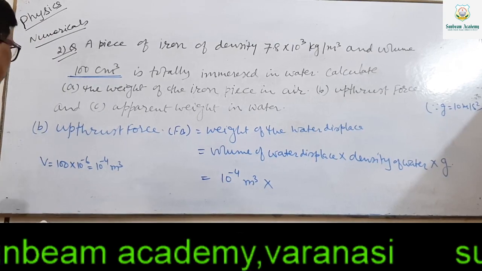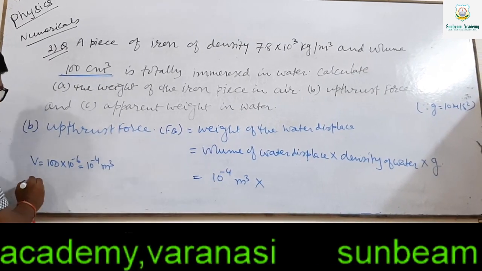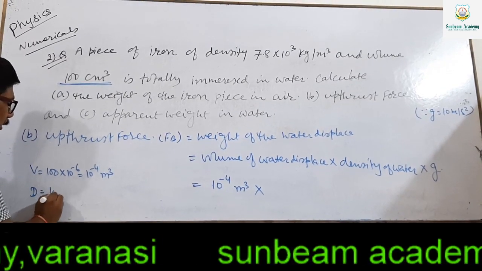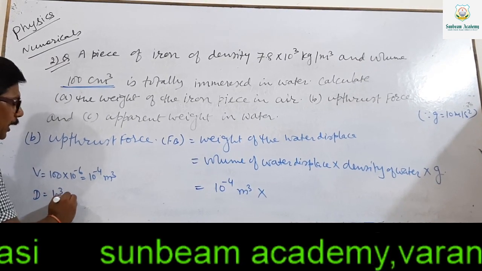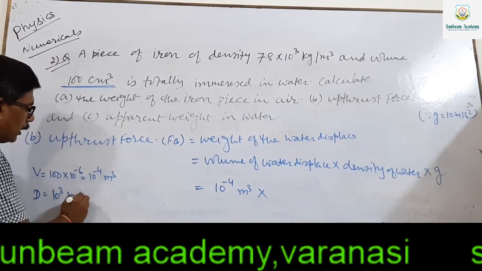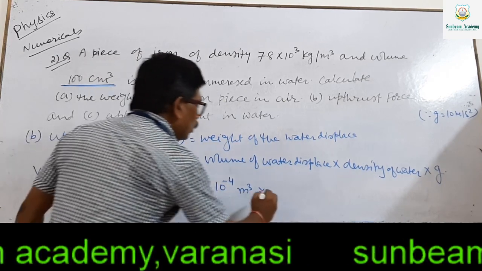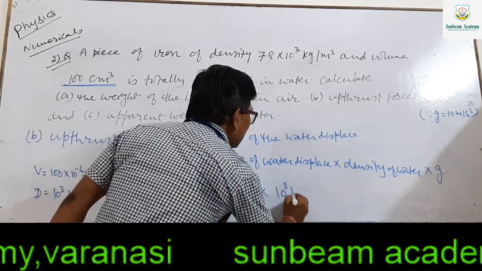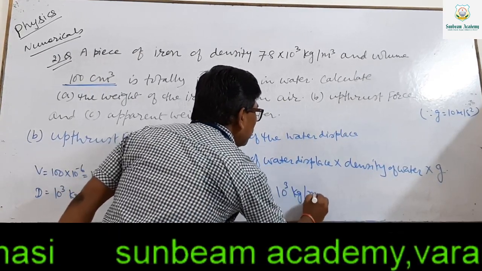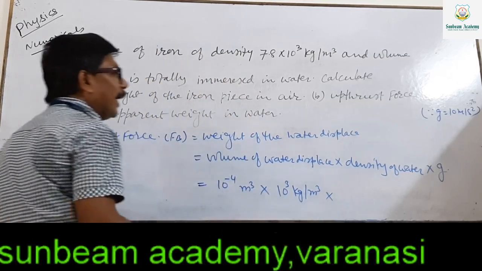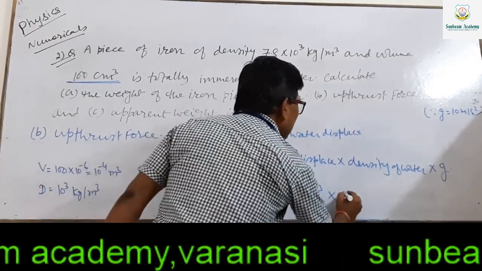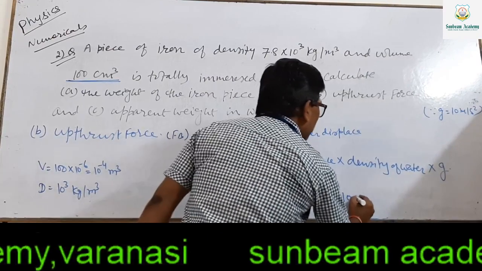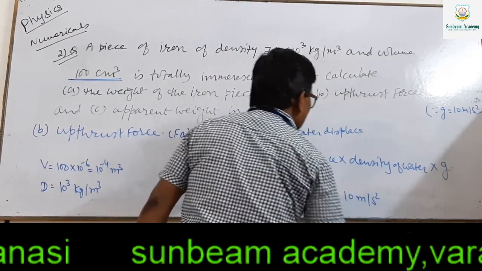Into density of water. Density of water is 10 to the power 3, or 1000 kg per meter cube, and into acceleration due to gravity, 10 meter per second square.